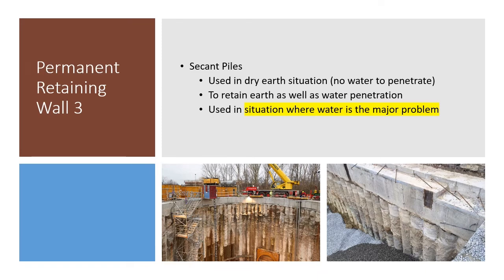Secant piles. Used in dry earth situation where no water to penetrate. Kita tak nak ada water langsung yang penetrate. To retain earth as well as water penetration. So this secant piles memang avoid water daripada penetrate masuk ke dalam our basement betul-betul. Used in the situation where water is the major problem.